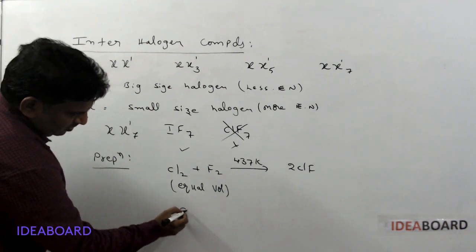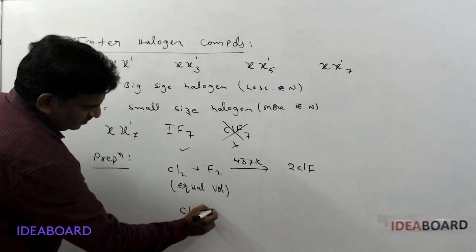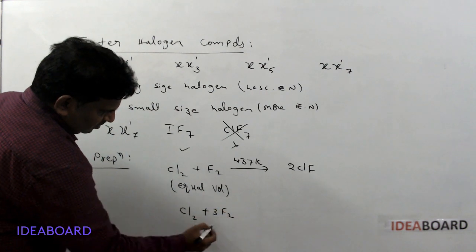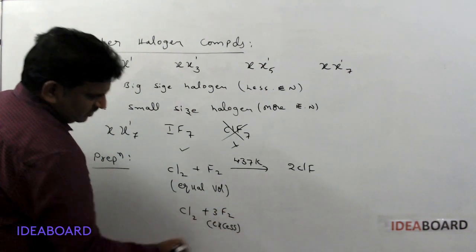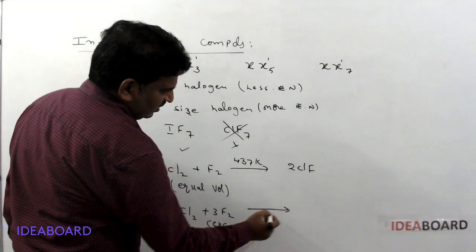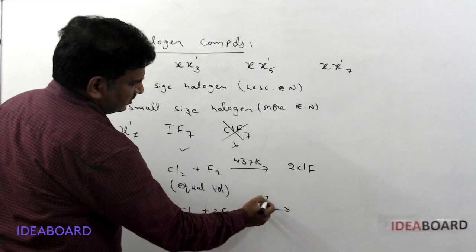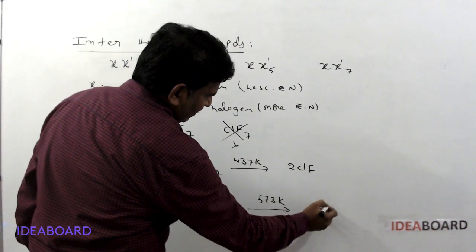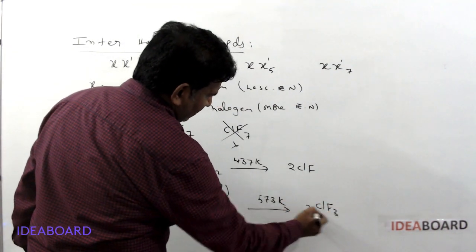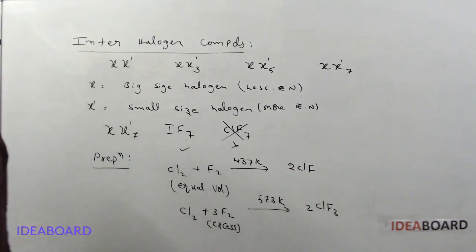Similarly, if Cl2 and F2 are taken, but F2 is taken in excess, and we use 573 Kelvin temperature, then we will get 2ClF3.